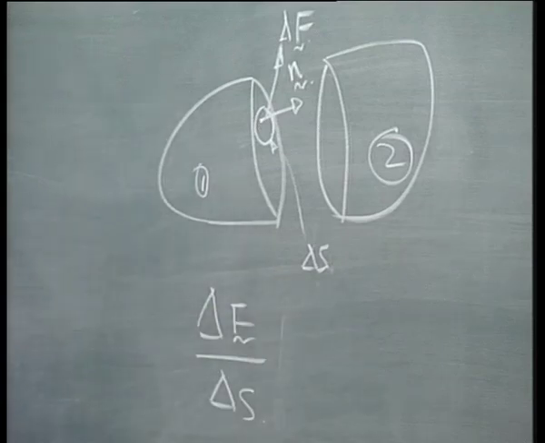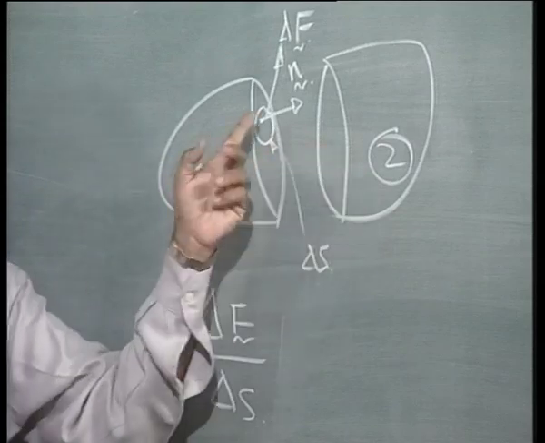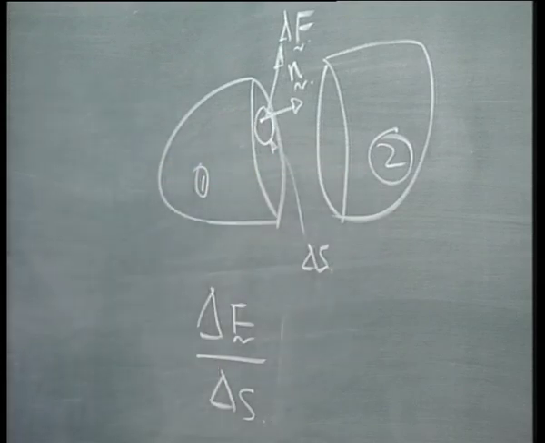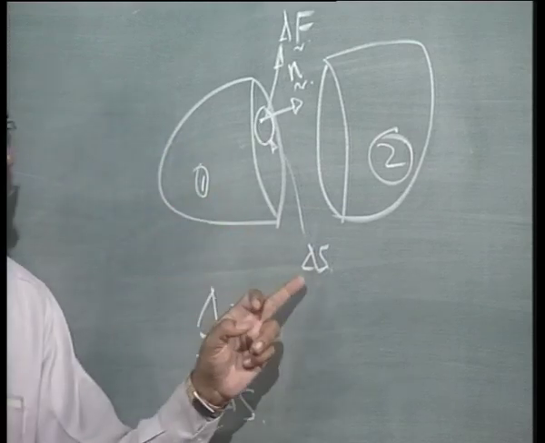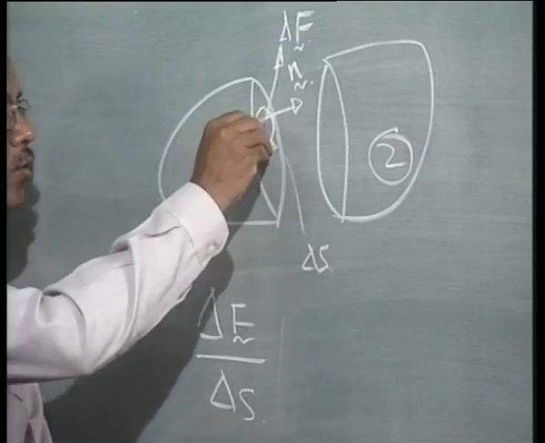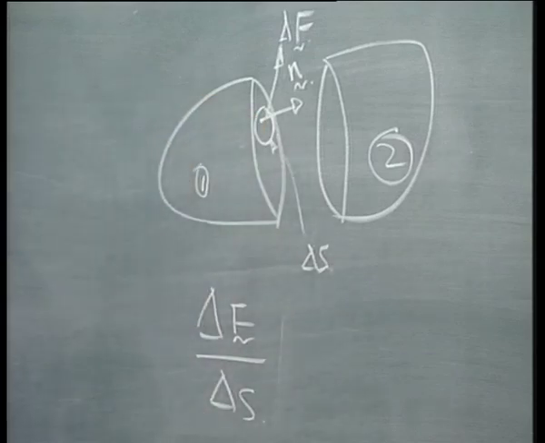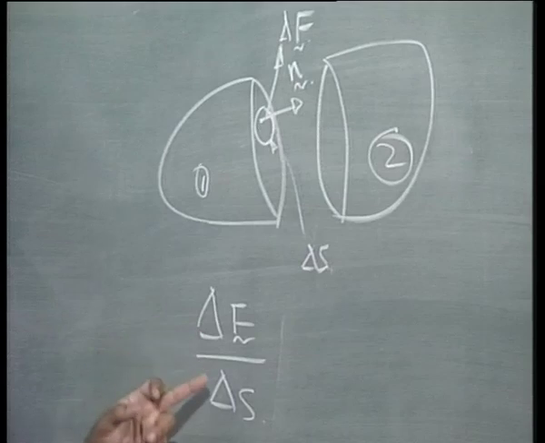In other words, the average force due to the influence of the other body at an area surrounding the point P is given by delta F by delta S. Now when I started this problem, I said that let me take a small area around P, and what I have done is to take an average of delta F by delta S.